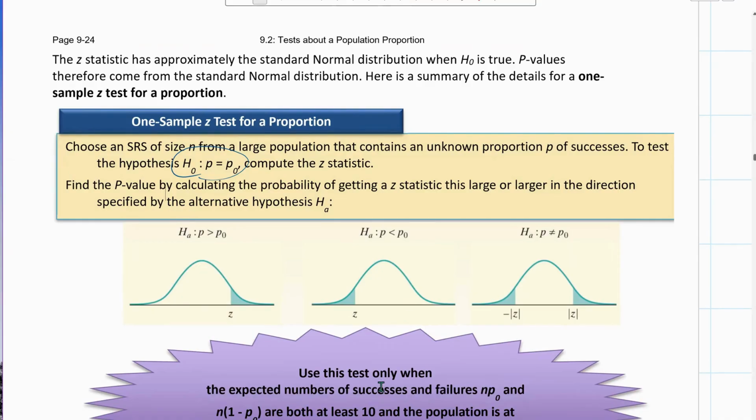Remember that there are 3 different alternate hypotheses, and sometimes we'll be looking at whether we're above that z value, below that z value, or to the outside of the z value and its opposite.